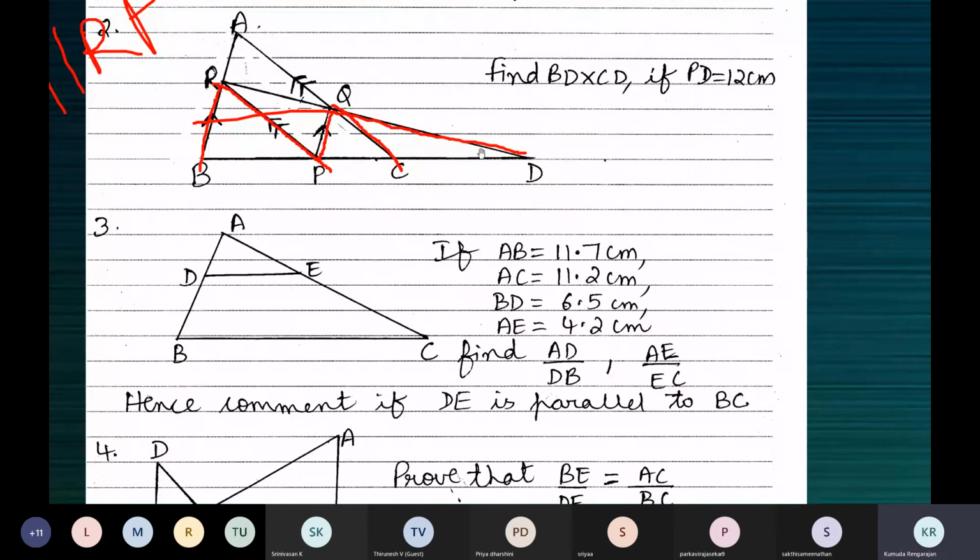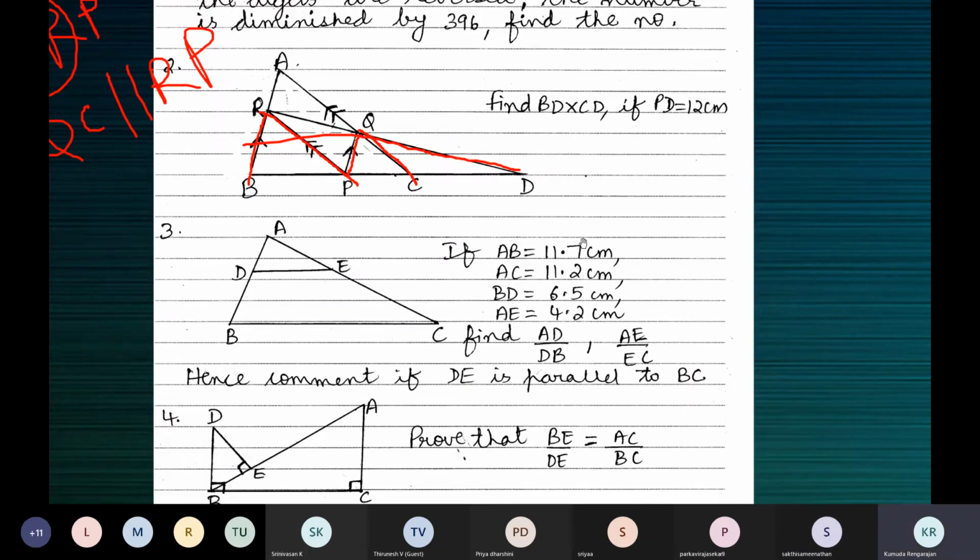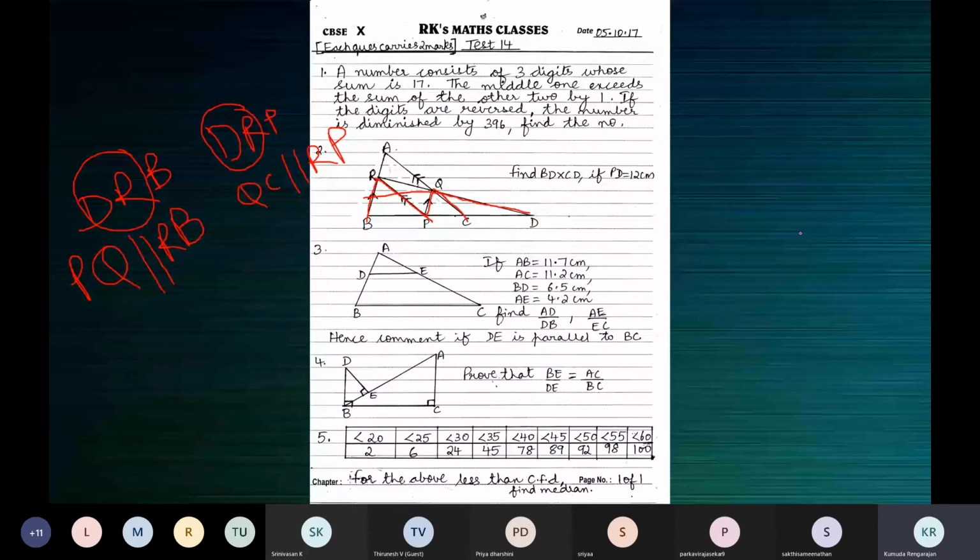Identify the parallel lines. These two lines are parallel. Now in this we have two triangles, DQP and DRB. Yes or no? Yes, ma'am. I'll draw the triangle.